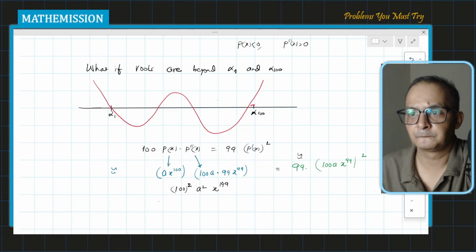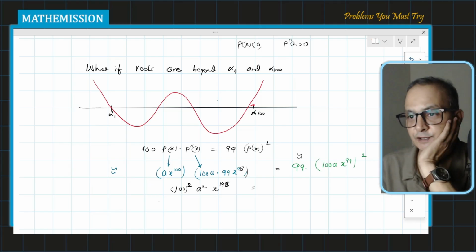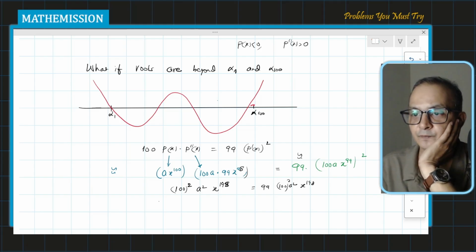Now really, this is p double dash x, so it should be 98. I did a mistake here, so I have 198. And on the right hand side, if you just simplify this is 99 here, and this 100 square a square, and again x to the power 198. So this a square cancel, and there was all 99 left out, so this 99 was cancelled.